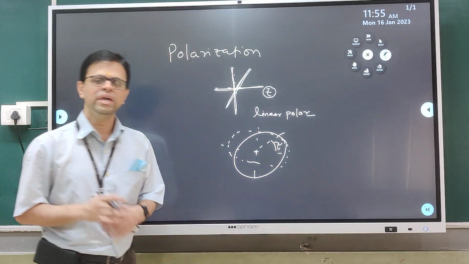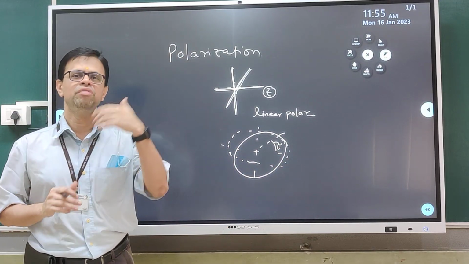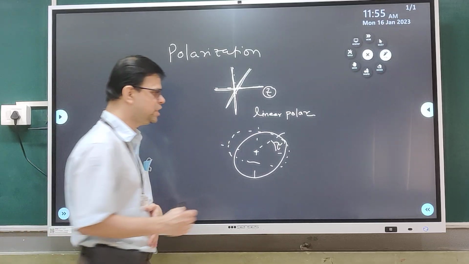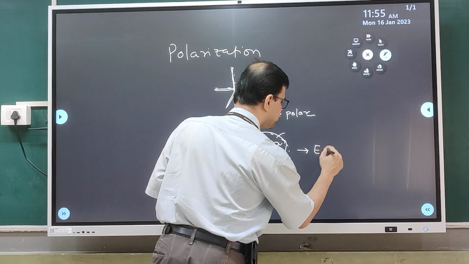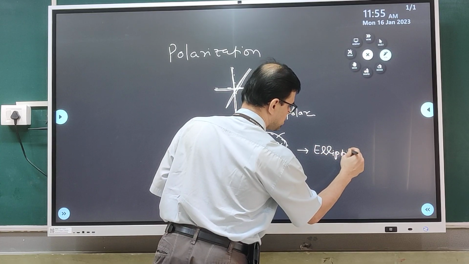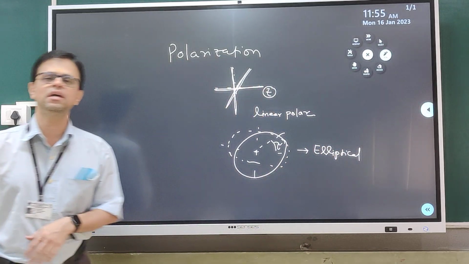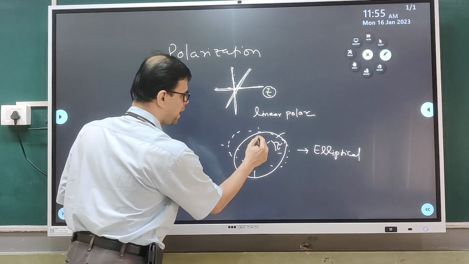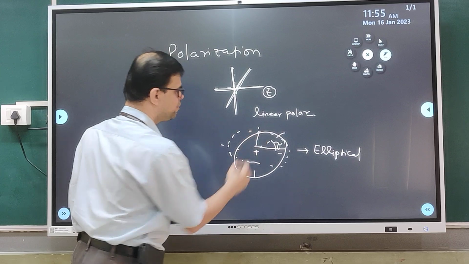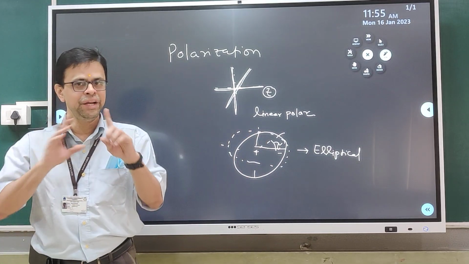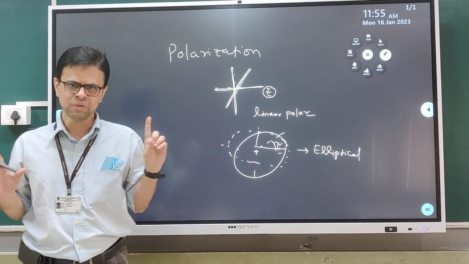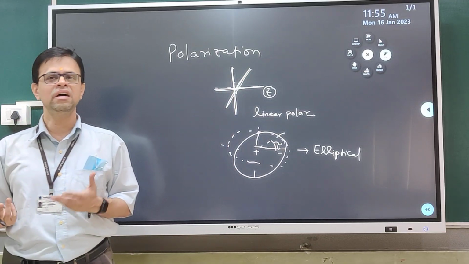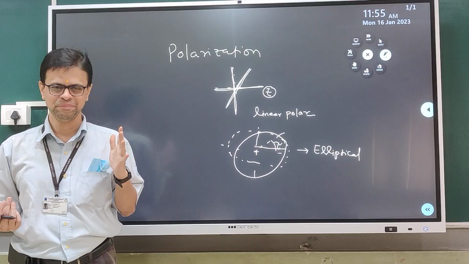So if the tip of the electric field vector with respect to time traces the locus of an ellipse, we refer to this as elliptical polarization. And then naturally the amplitudes of the signal vector are unequal in two orthogonal planes, whereas there is no orthogonal vector involved in the linear polarized design.